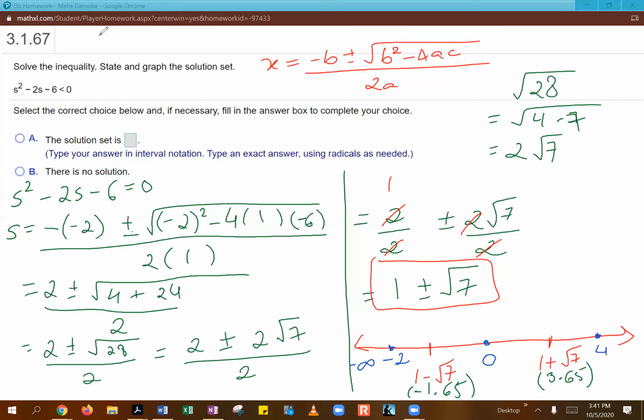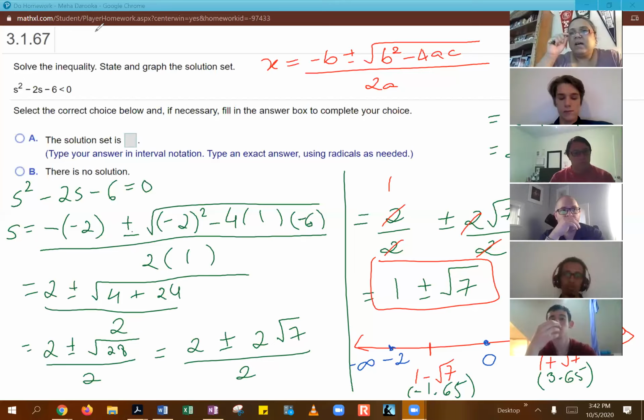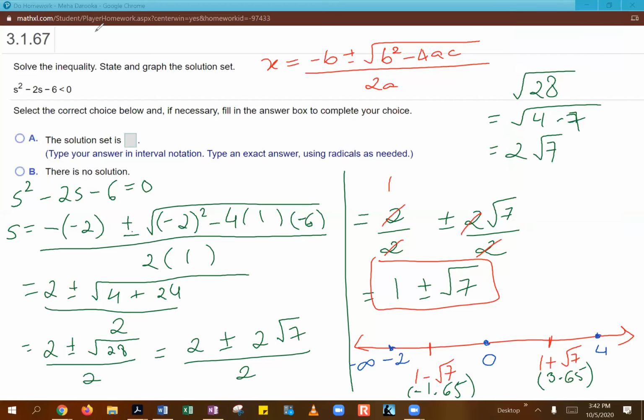So now that we have our test points, you are going to take these test points and check using this inequality, s squared minus 2s minus 6, because now we have to see, will we get a positive answer from that, negative, or, well, I guess those are the only two options. So let's check and see. So we'll use s as -2.